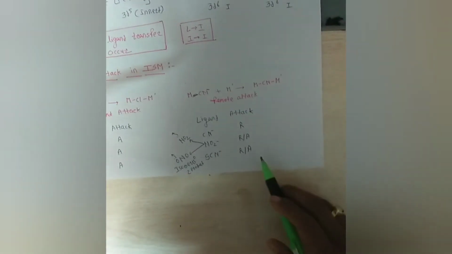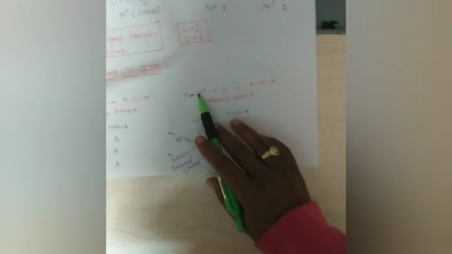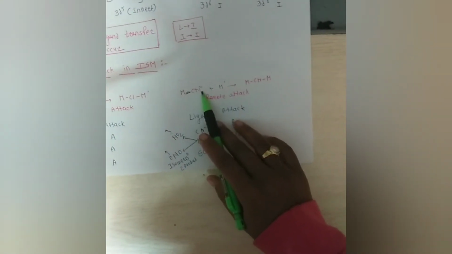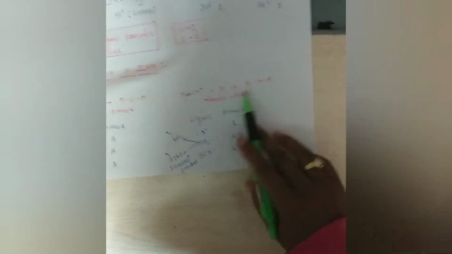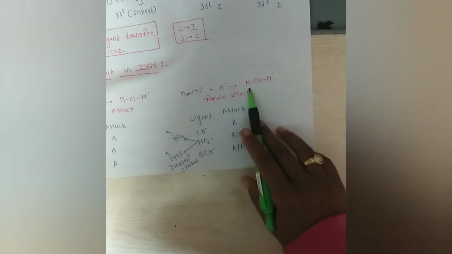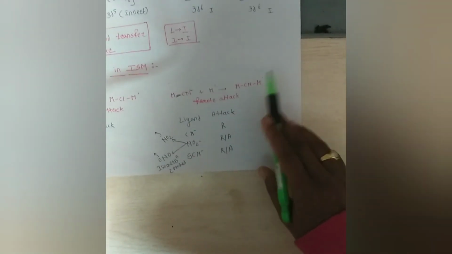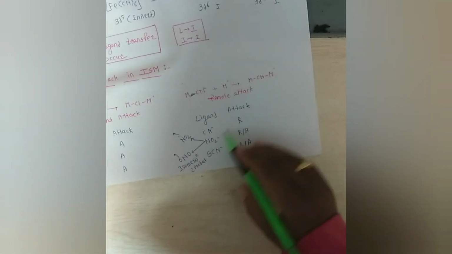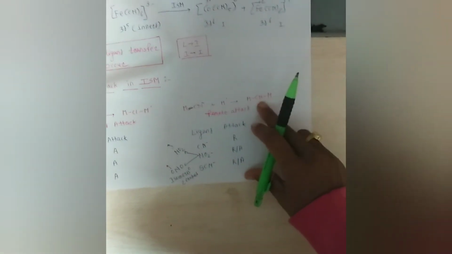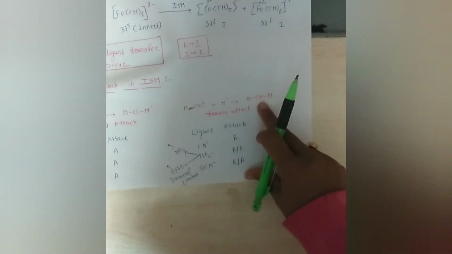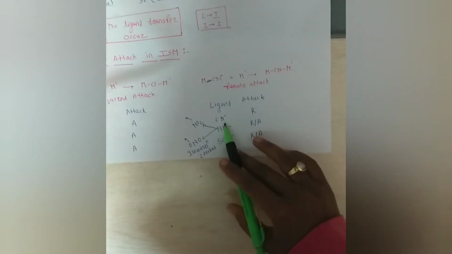So here we get the remote attack, because the electron or the charge of the nitrogen is far away from the metal atom, and we have M-CN-M dash. Sometimes we can write CN in the form of NC, but here we write it in the proper form, that is CN. The ligand which follows the remote attack is cyanide.